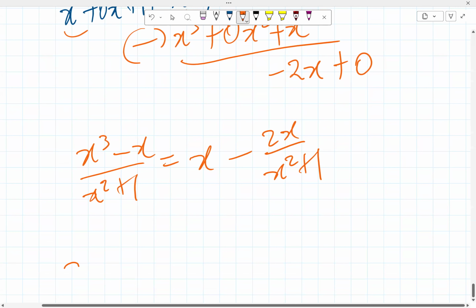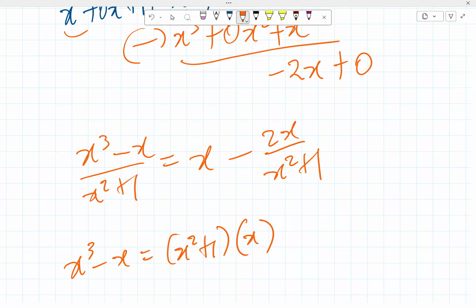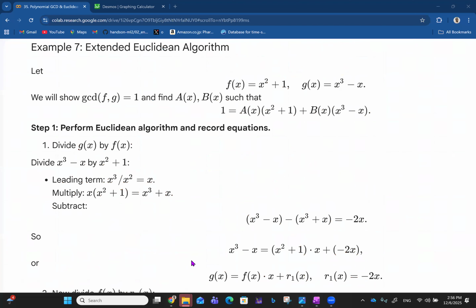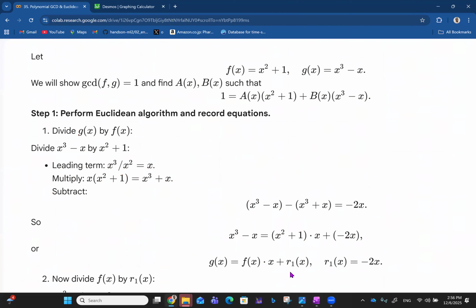So it means that x³ - x is equal to the divisor, x² + 1, multiplied by x, plus the remainder, which is -2x. So we only get x, and then we have a remainder of -2x.